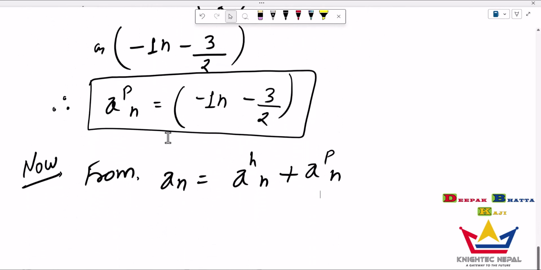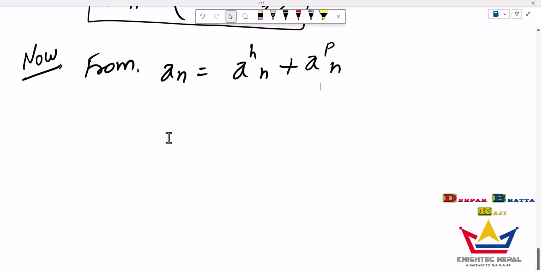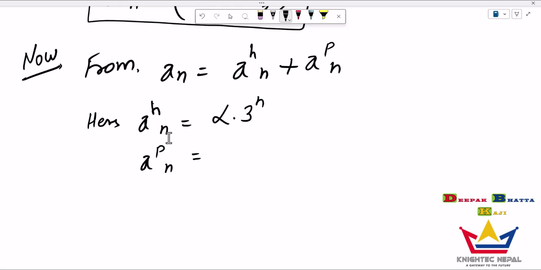So we are getting two values, that is here A raised H n equals alpha dot 3n and A raised P n equals minus 1n minus 3 divided by 2.